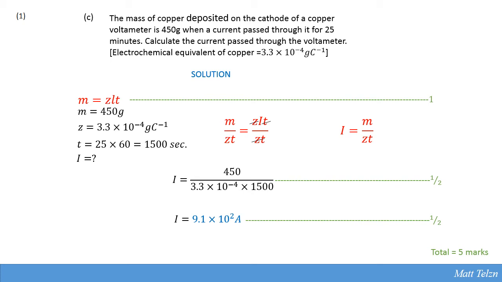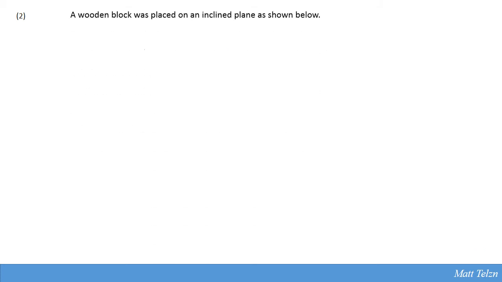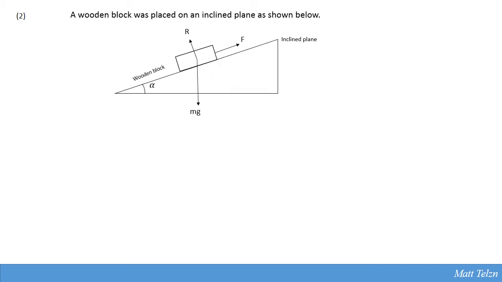Now let's look at question 2. Question 2 says a wooden block was placed on an inclined plane as shown below. Look at our diagram, the same thing you have in your question paper. We know where this question is coming from: friction, inclined plane.